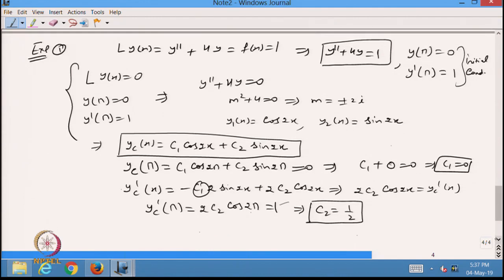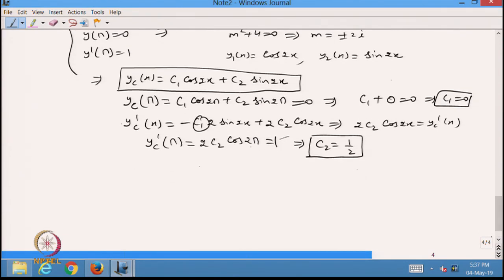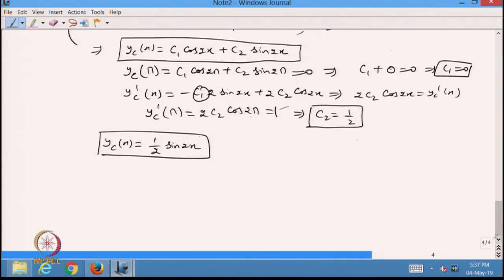So, from here I am able to find my y_c(x), which, since C1 is 0, will be half sin 2x. Now, I want to find the corresponding Green's function with the help of this one.